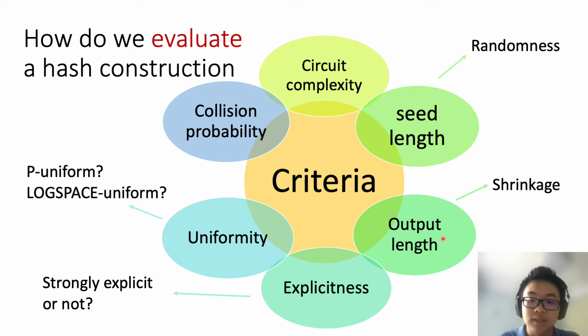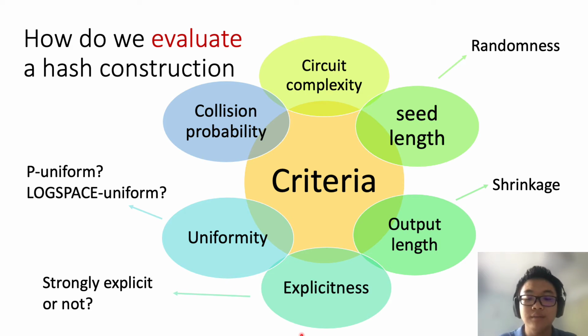And more importantly, we consider whether a family of hash function can be constructed uniformly. Say whether it is P uniform or polylog space uniform or something else. That is, whether it can construct the small size circuit efficiently from the seed. And we consider whether the family of hash function is strongly explicit or not.